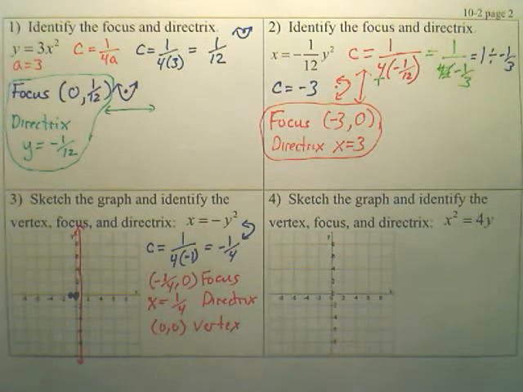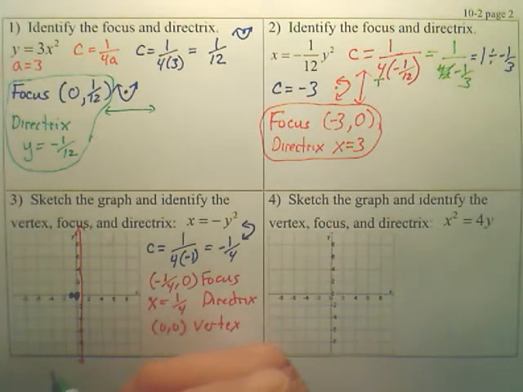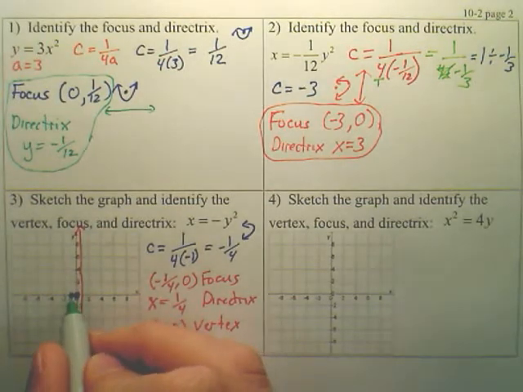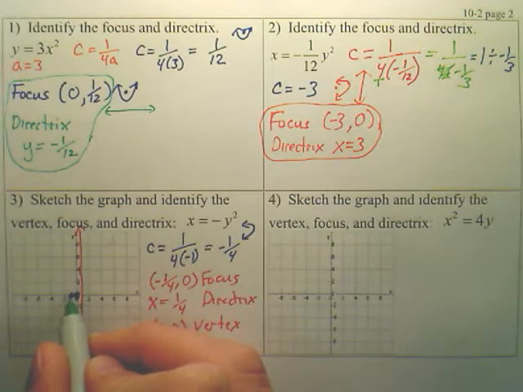And how do I sketch it? Well, there's a quick way to do this. The focus is 1/4 over. So this is kind of a bad graph, but the focus is 1/4 over.